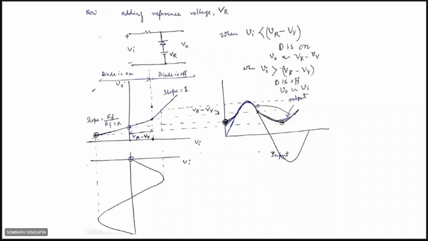So you don't know about the amount of current. You have to consider the diode voltage, that is the diode cut-in voltage, V gamma. Okay.